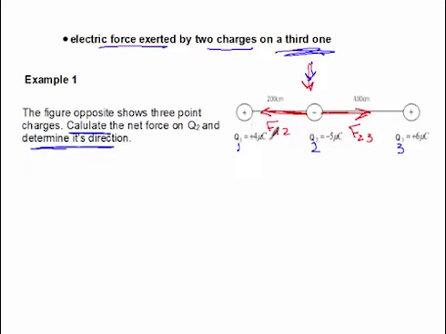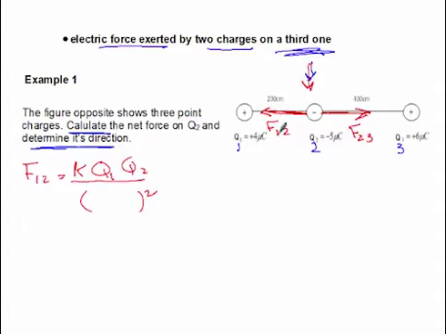Okay, let's calculate F12. So our F12, again we have K, Q1, Q2 over the square of the distance between them, which is 200 centimeters.